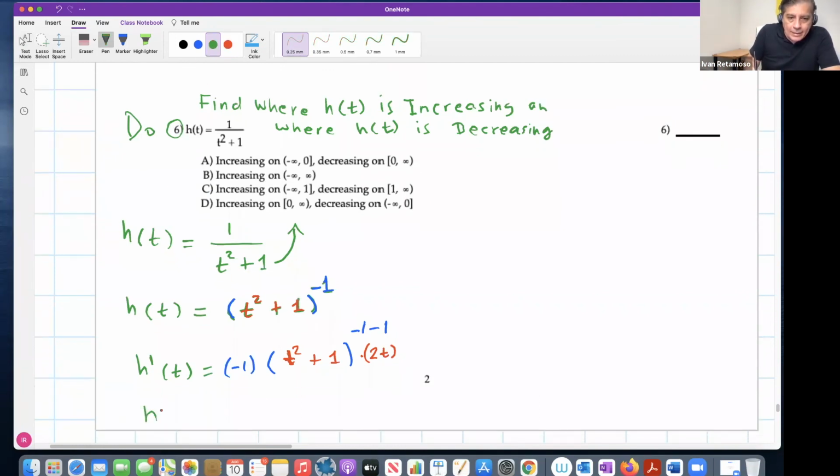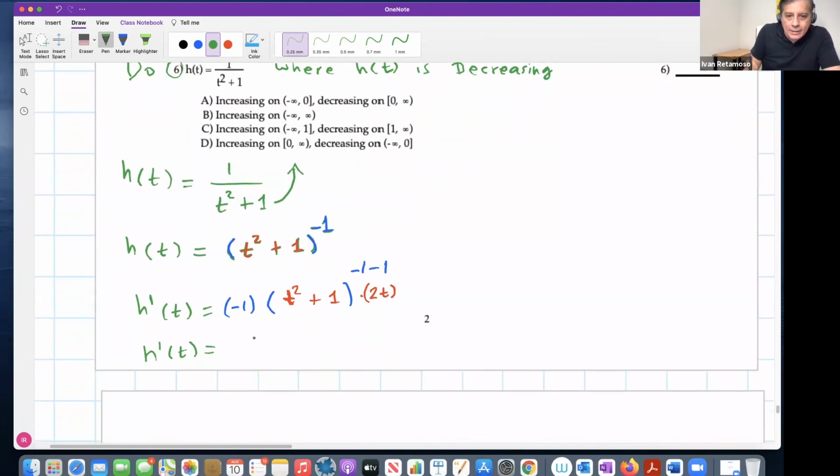Now, simplifying this, you will get that h prime of t should be negative 1 times 2, negative 2, right? Negative 2t, don't forget the t there, over t squared plus 1 raised to, it should be negative 2, but since you put it down, it should be raised to a second power.